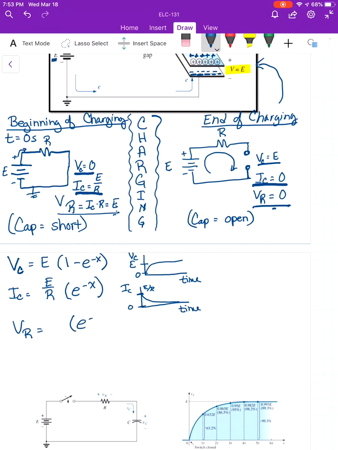So our equation there is e to the minus x, and the maximum value will be E. Okay, so notice the current and the voltage drop across the resistor have exactly the same shape, the same equation, because remember, they're related by Ohm's law. As this voltage drop across the resistor changes, so does the current. They're directly proportional, so you'll see that they have the same graph.